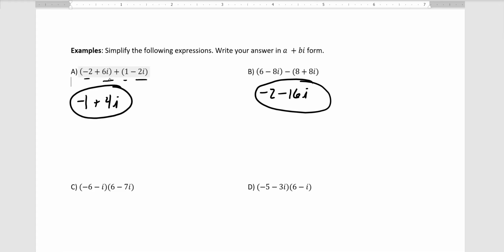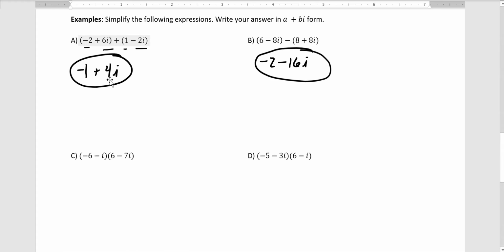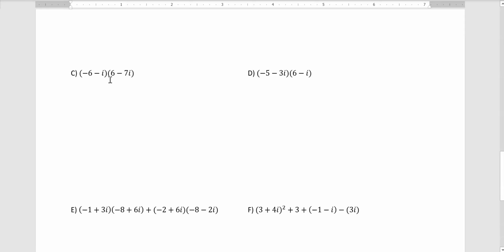Multiplying, if we have two binomials, we can distribute. Negative 6 times 6 is negative 36. Negative 6 times negative 7i becomes positive 42i. Negative i times 6 becomes negative 6i. Negative i times negative 7i becomes positive 7i squared. Remember, i squared equals negative 1.